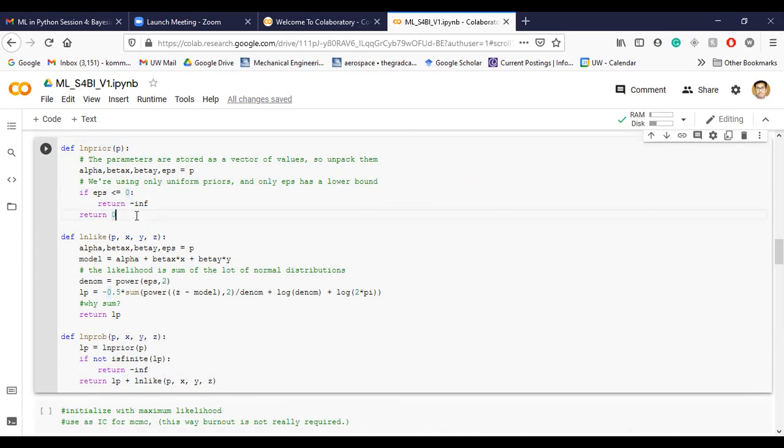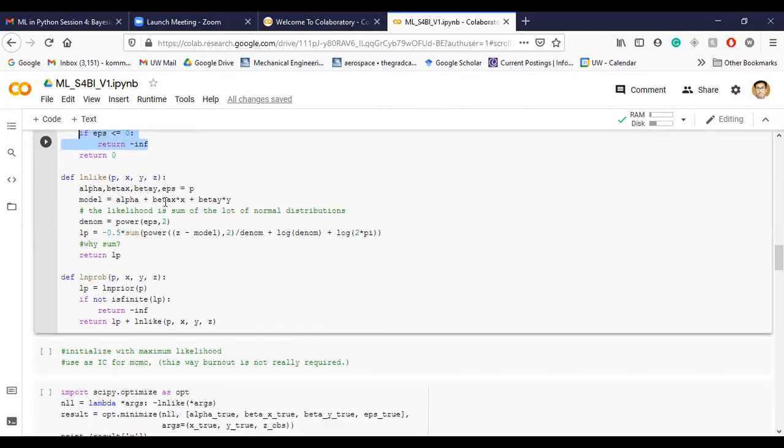If it's a flat prior, something like P of A is equal to 1, then if we take a logarithm, log of P of A is log of 1, and log of 1 is 0. So we're basically saying return a flat prior if everything physically makes sense, because having a negative variance doesn't really make sense.